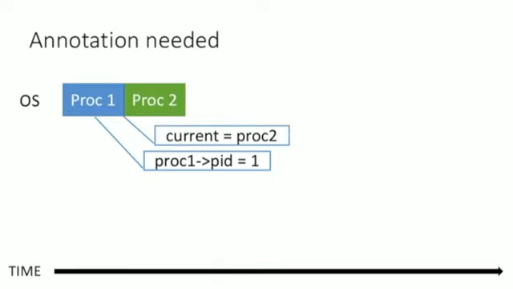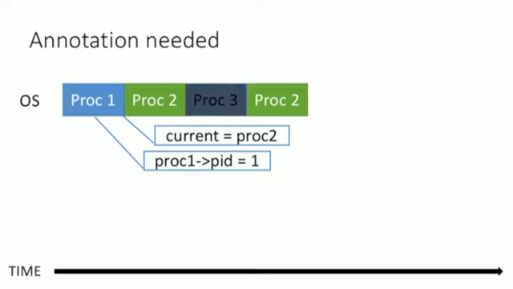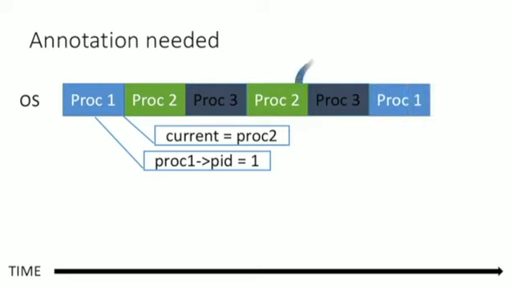And whenever the scheduler picks another process to run, it will update the current value in the Linux kernel. And this current represents the currently running process. Also, processes can exchange data by using IPCs.